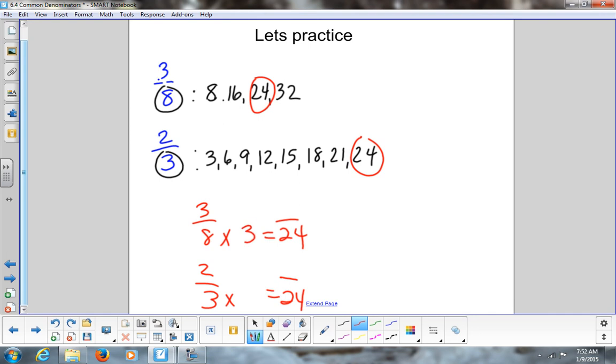And what I do to the bottom, I got to do to the top. 3 times 3 is 9. Okay, now down here, 3 times what gets me to 24? 8. And what I do to the bottom, I got to do to the top. 2 times 8 is 16. So these would be fractions with the common denominator.